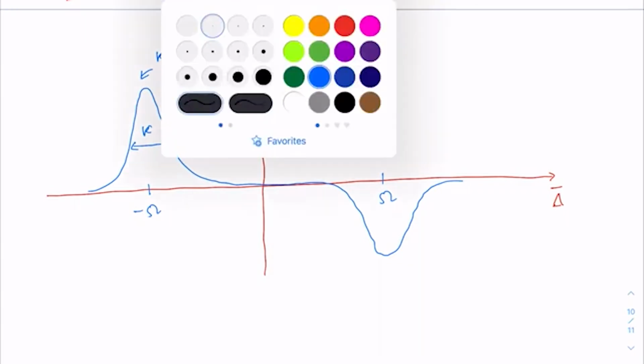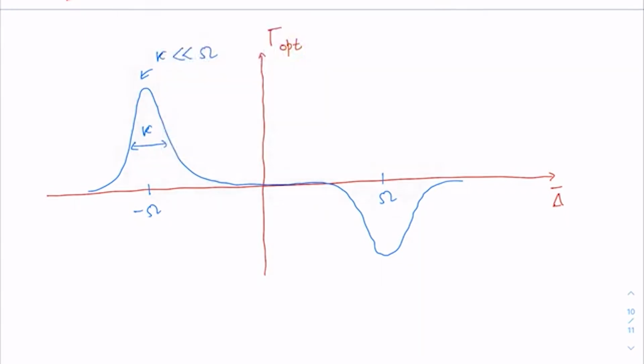On the other hand, if kappa is much greater than the resonance frequency, then you are going to get a plot something like this. So we'll get the dotted one for kappa much larger than the resonance frequency omega, and we will get a very sharp peak for kappa much less than the resonance frequency omega.